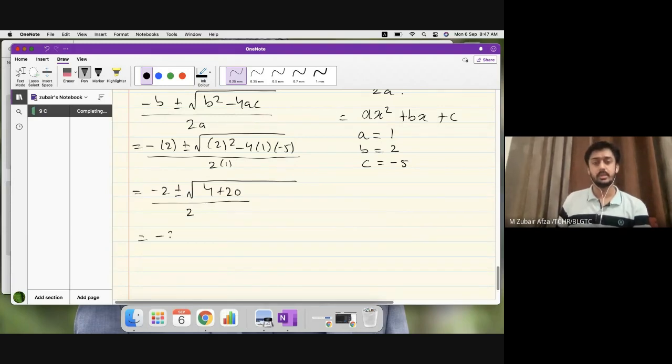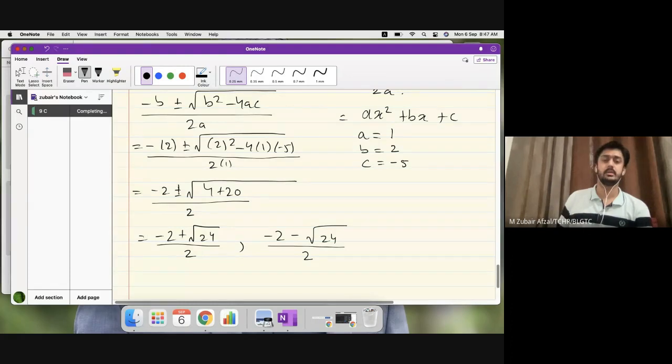So this is negative 2 plus under root 24 over 2, and negative 2 minus under root 24 over 2. We've split this positive and negative in 2.